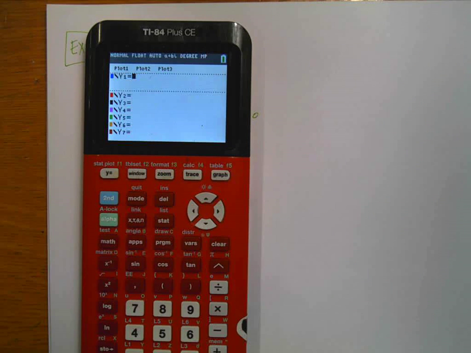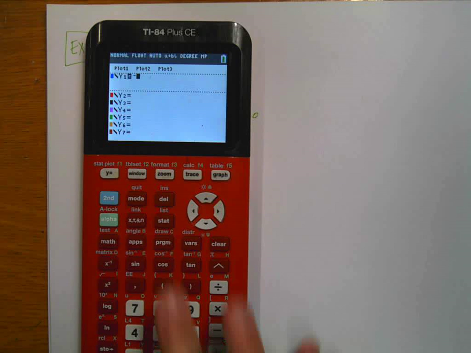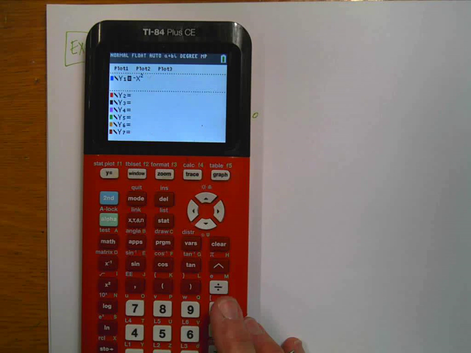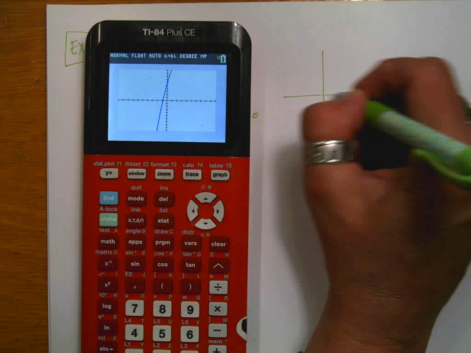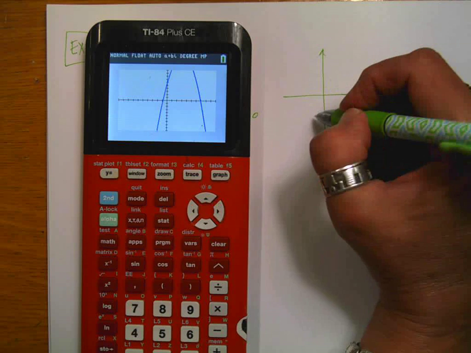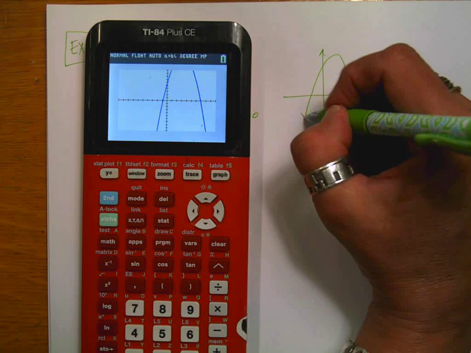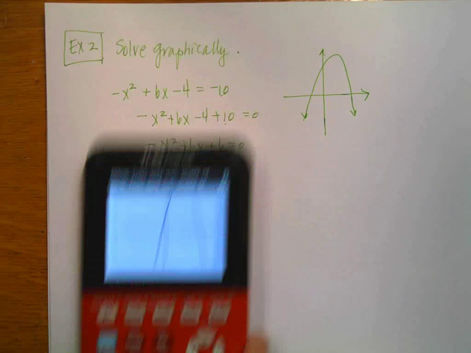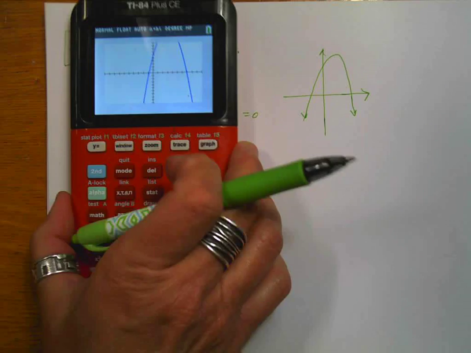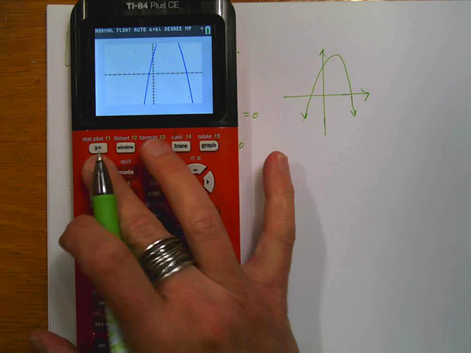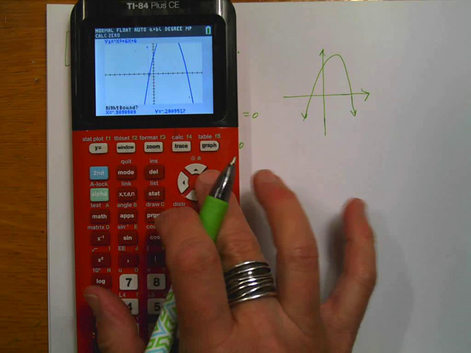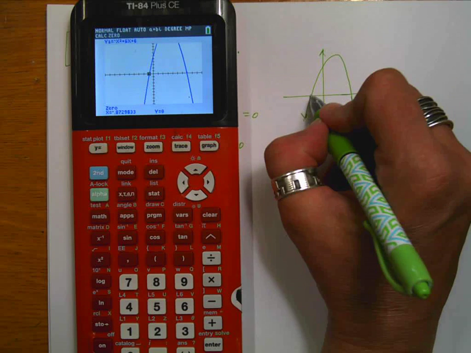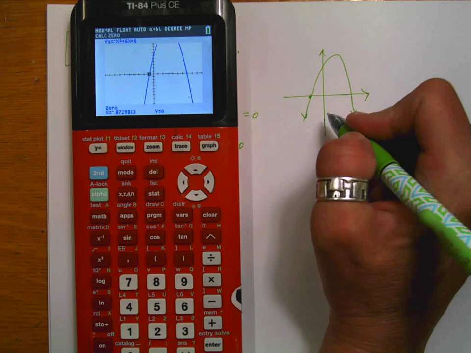So now if I go to my y equals, I'm going to enter negative x squared plus 6x plus 6, zoom 6, and I'm going to sketch my graph as my calculator is drawing it for me. And so now I know that this goes this way. The negative in front of the equation tells me that the parabola is turned upside down. I'm going to do second calculate 2 for 0. I always start on the left because I always do my problems the same way because I tend to make less mistakes.